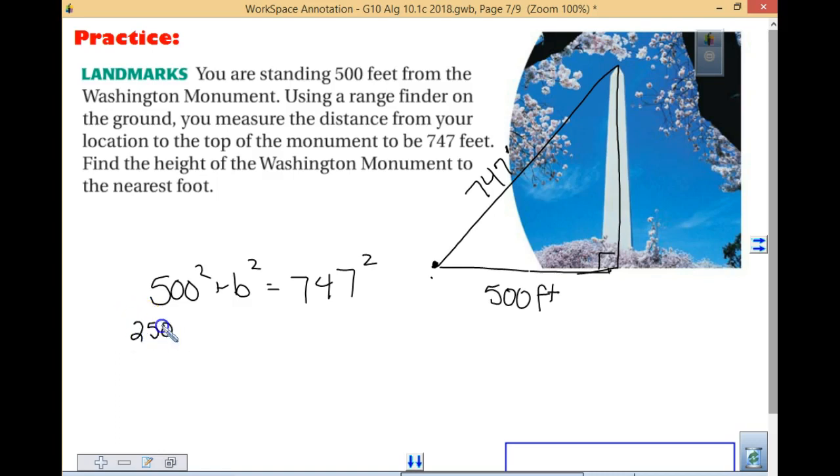We get 250,000 plus b squared. If we are putting in 747 and we're squaring that, Liz, what are you gonna get? We are gonna be subtracting 250,000 on both sides.